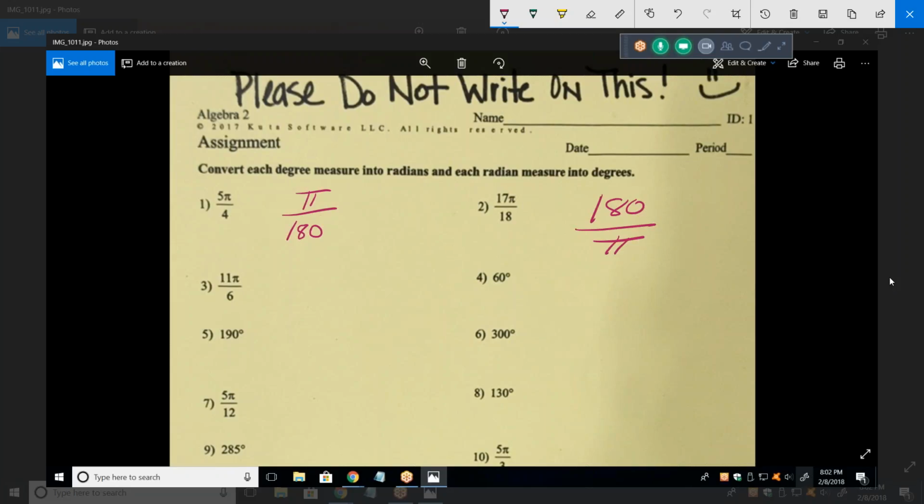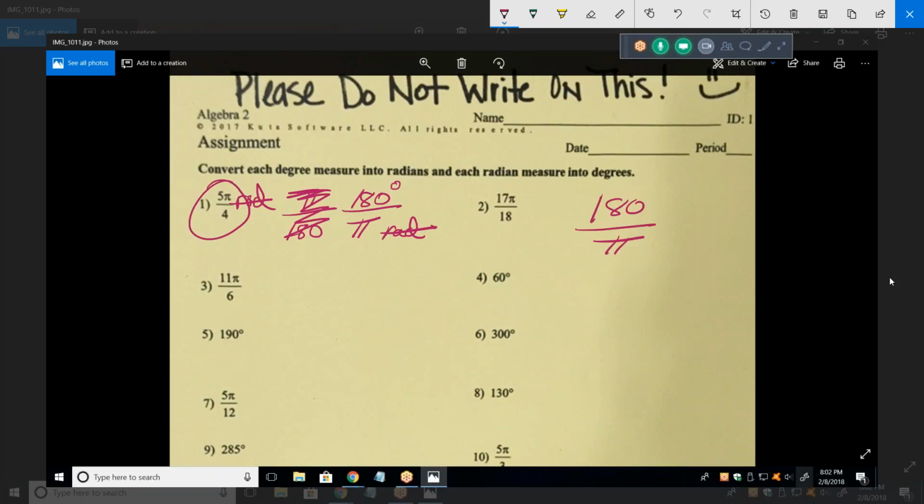Now, that's radians, right? It doesn't say degrees, it's radians. So I want the radians to cancel, so I'm not going to use that one. I'm going to use 180 over pi because the pi is the radians, the 180 is degrees. The radians will cancel, and I'll be left with degrees.